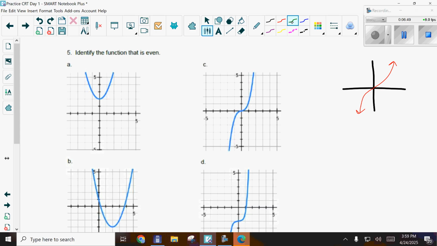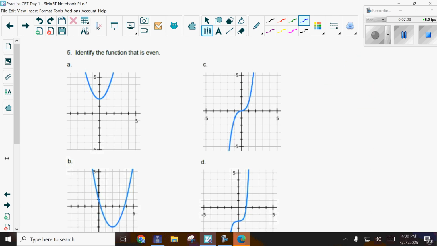If I was to take this first quadrant piece and fold it along the y-axis, it would fold over and look like this. And then we would fold it a second time, so the first fold goes this way and then the second fold goes down. And if I fold the blue one down in this direction, it's going to land directly on top of that red section in that bottom left corner.